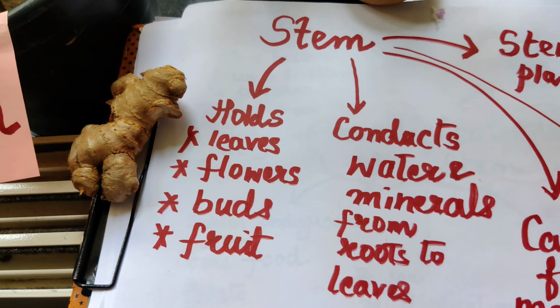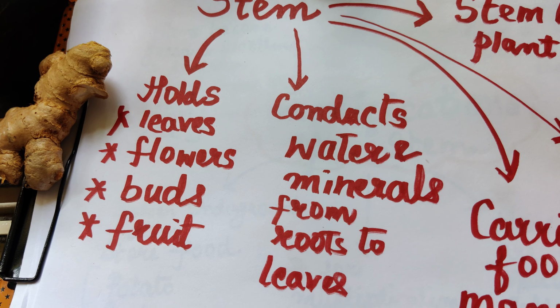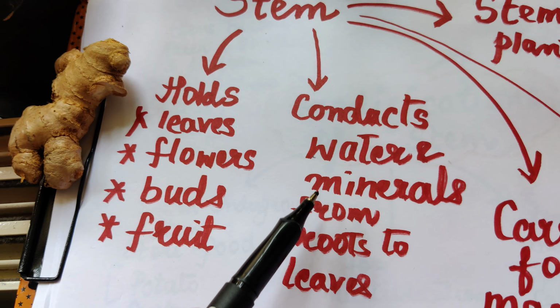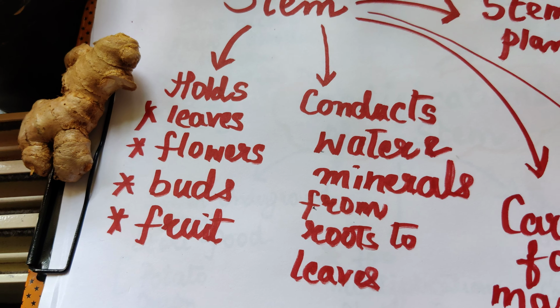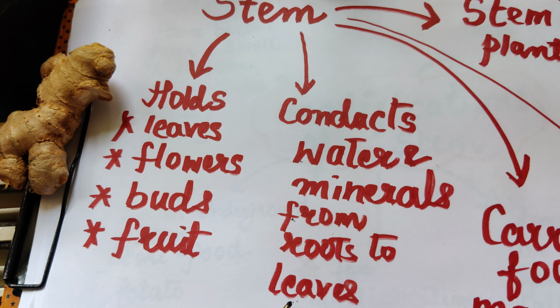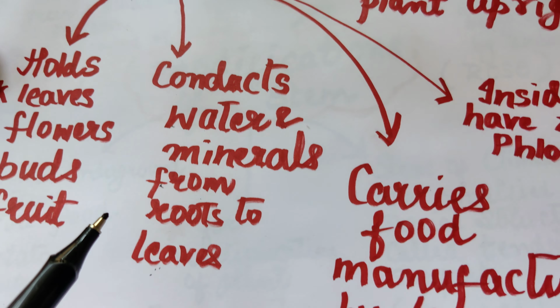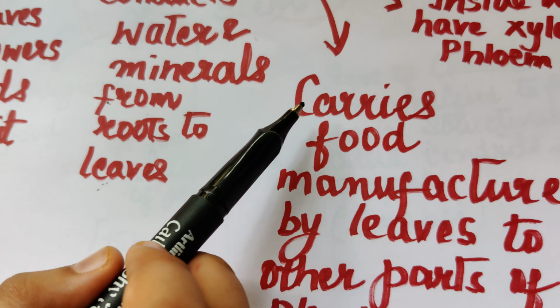The second very important function is what it's going to do. What is the role the plant has given it to perform? It will conduct water and minerals from roots to the leaves. So it is basically doing the function of a lift. Whatever is below goes up, and whatever comes from above, that is, it is going to carry the food manufactured by leaves to other parts of the plant.